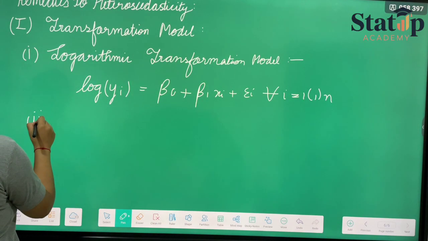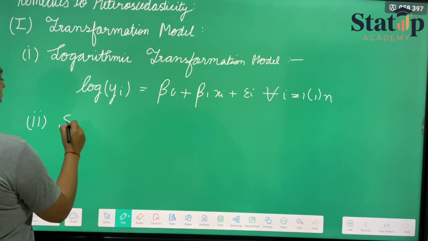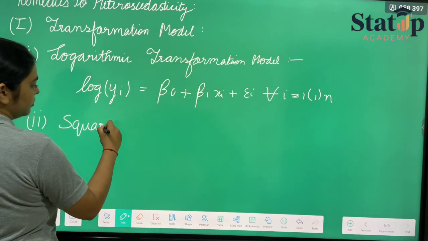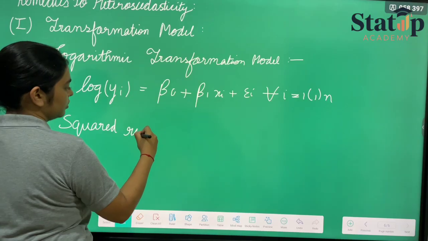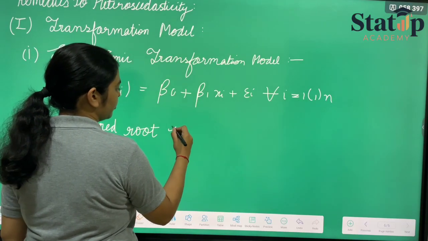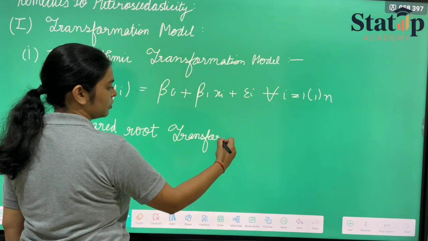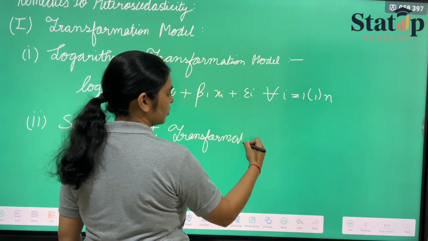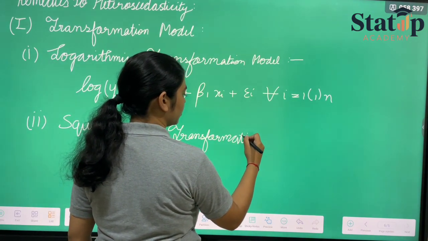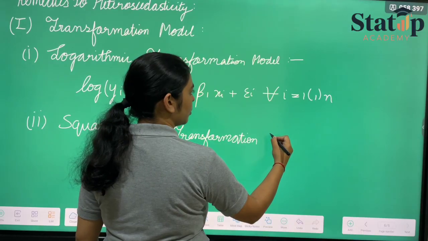Second is square root transformation model.